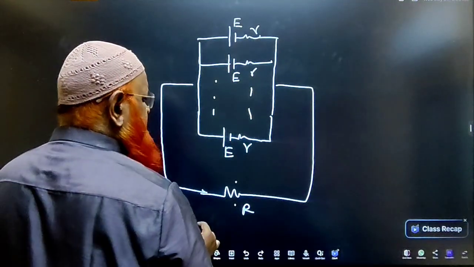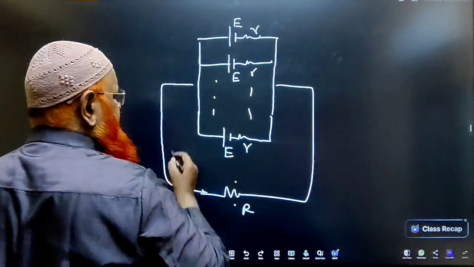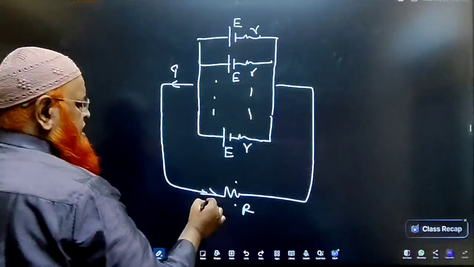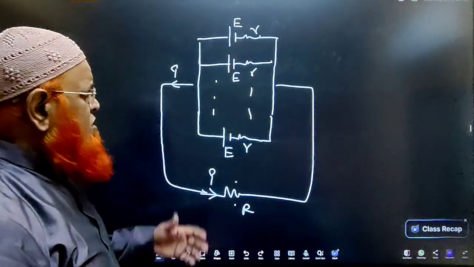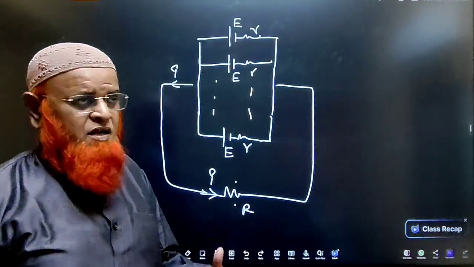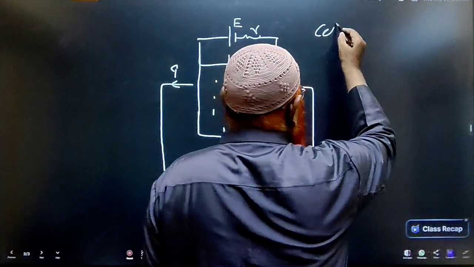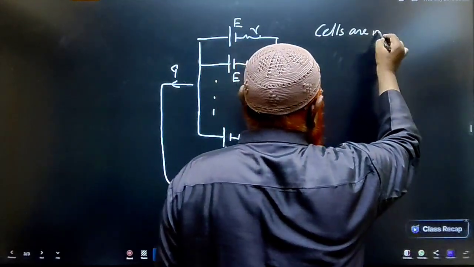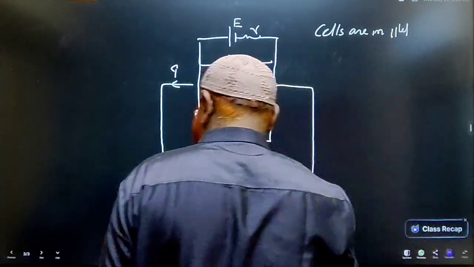So what's going to happen now? When all these cells are connected in parallel, current is passing like this. You have to find out what is the current passing through the circuit when cells are in parallel.